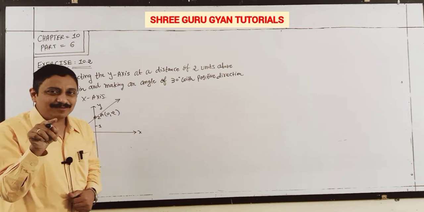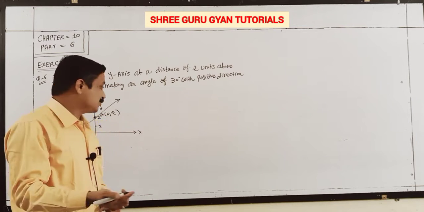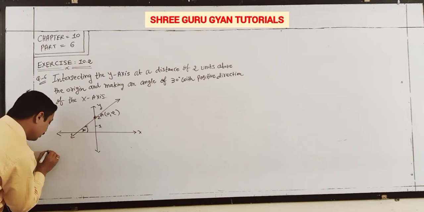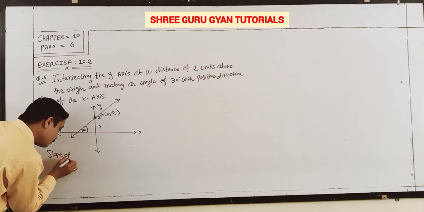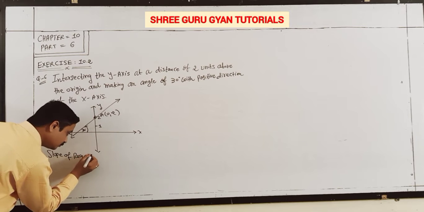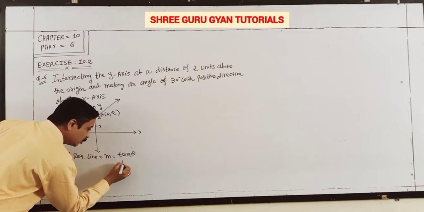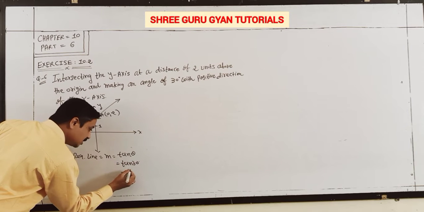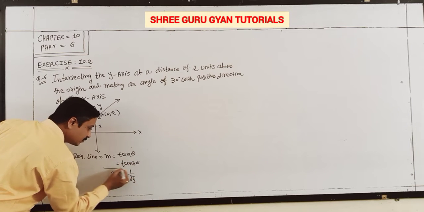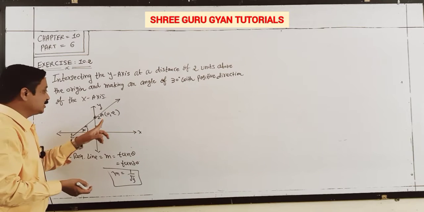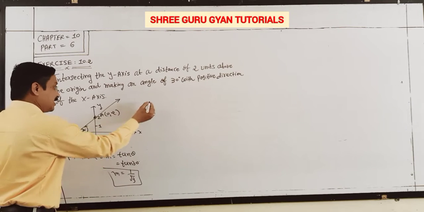So with this angle given, you can easily find the slope. The slope of the required line is m = tan theta, and theta is known, 30 degrees, and tan 30 is also known, 1 by root 3. That is the slope, and it is passing through (0, 2).